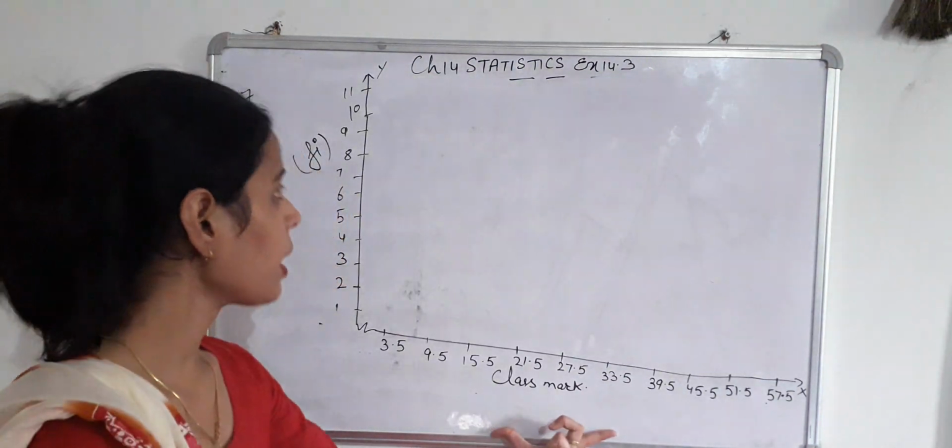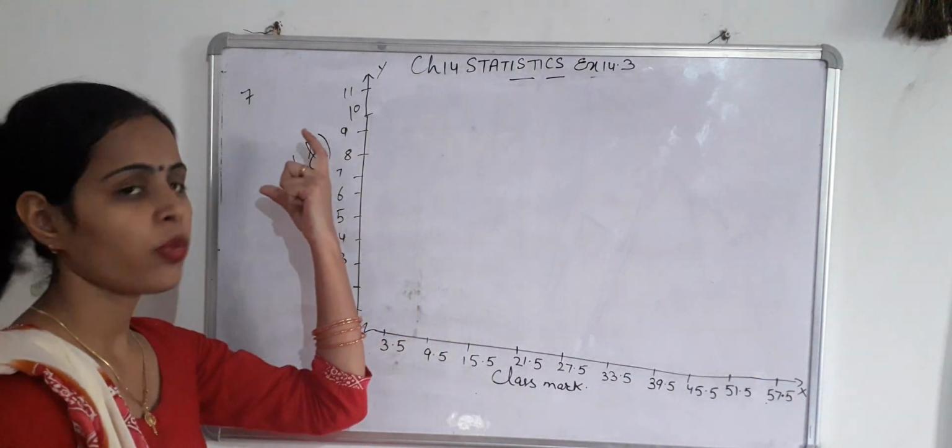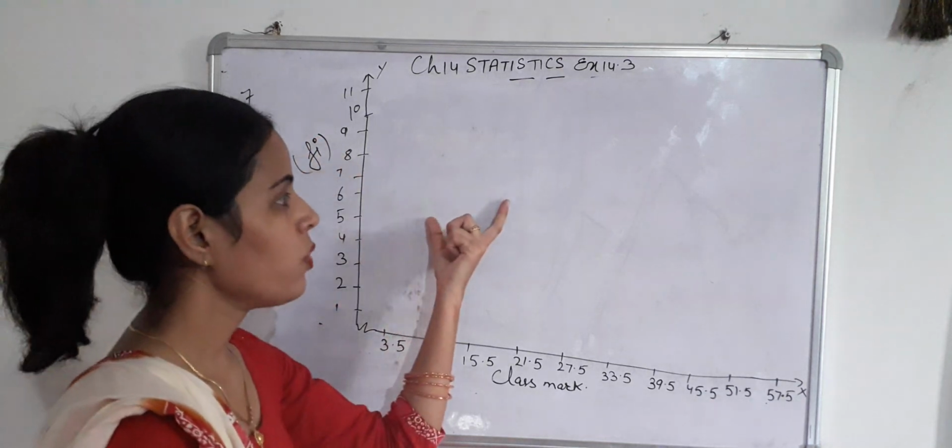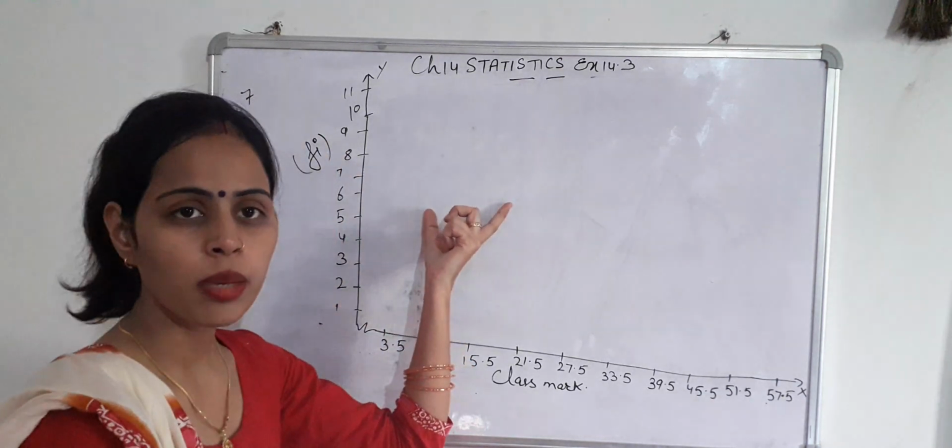The X-axis has class mark and the Y-axis has frequency. Now draw the frequency polygon for team A.